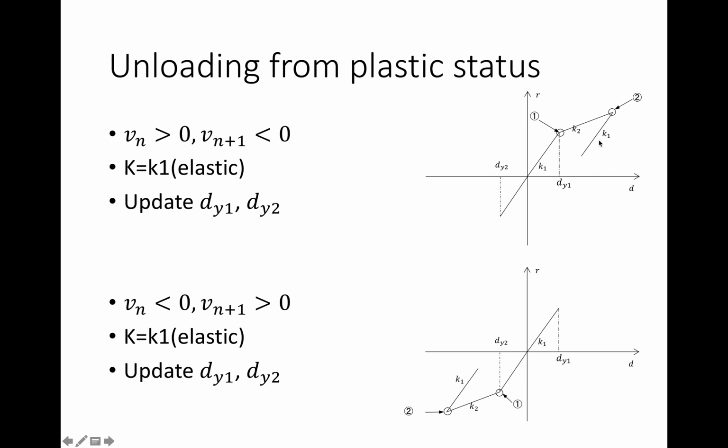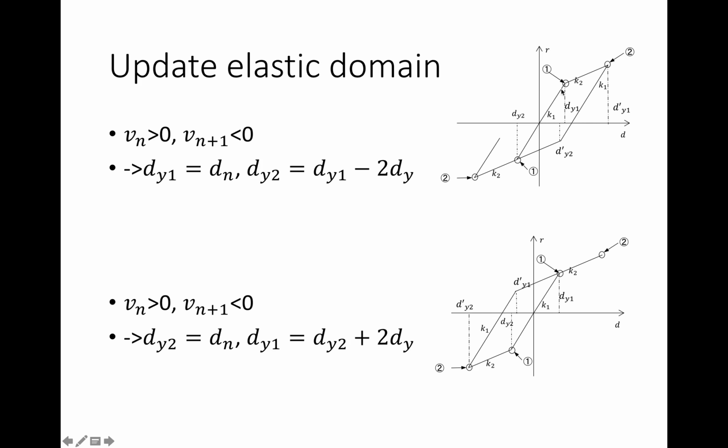But in this case, the elastic domain limits dy1 and dy2 will also be changed from here. How to change the elastic domain? Initially, we have dy1 at dy and dy2 at minus dy.